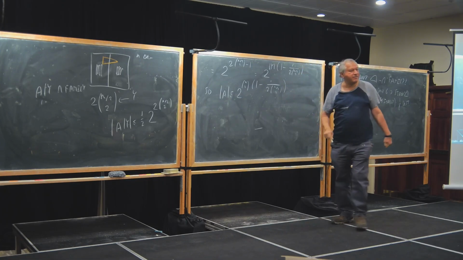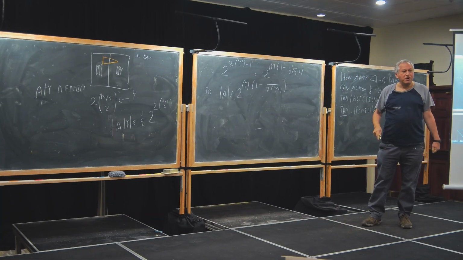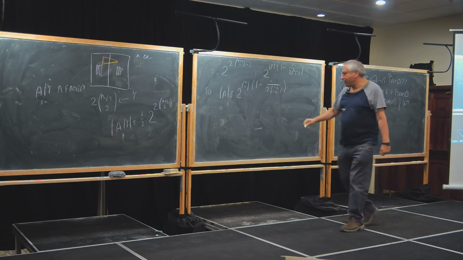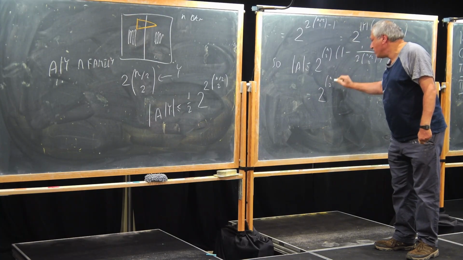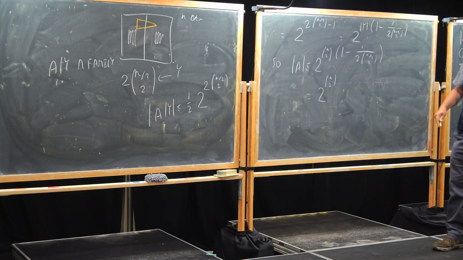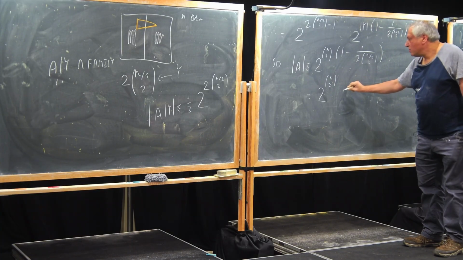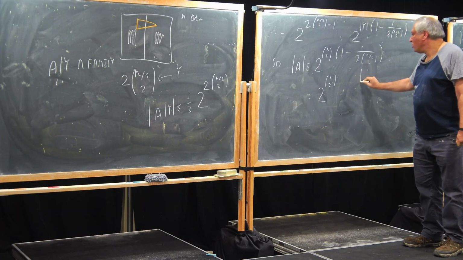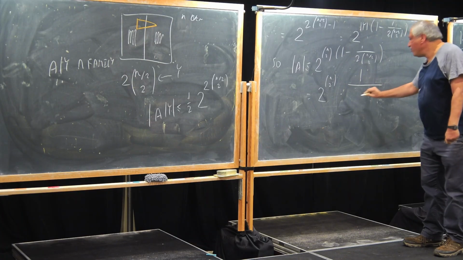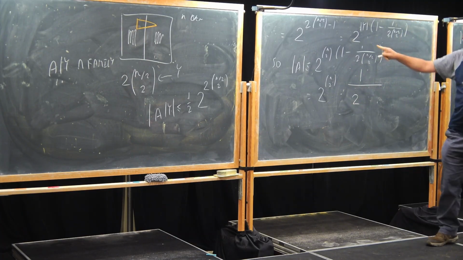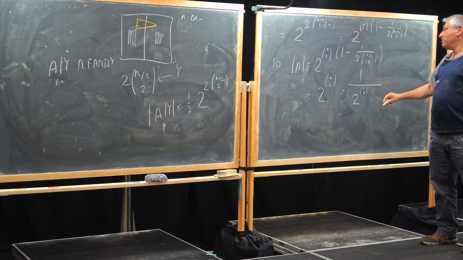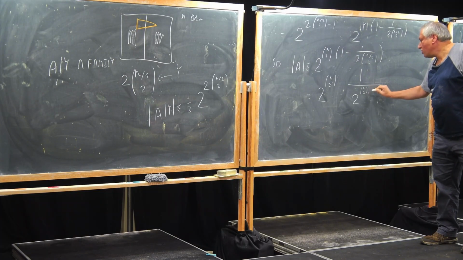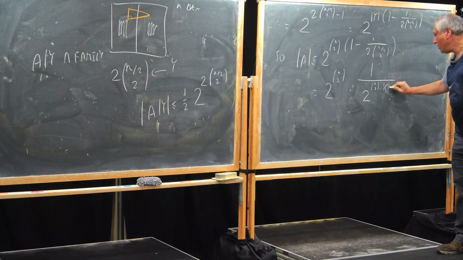Fair enough? Now, what fraction is that of the world? So, fingers crossed, that is 2 to the n choose 2 times 1 over 2 to this times that. It's n over 2 times 1 over 2 to the n over 2 choose 2.